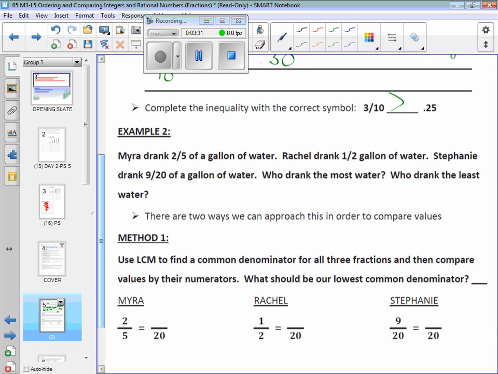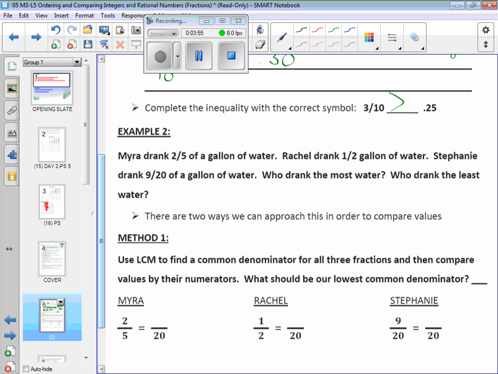20 can't go into 2, nor can 5. Give me a number that 5 can go into, 2 can go into, and 20 can go into. It's got to be at least 20, because 20 can't go into 4. You can't have a larger number going into a smaller number.